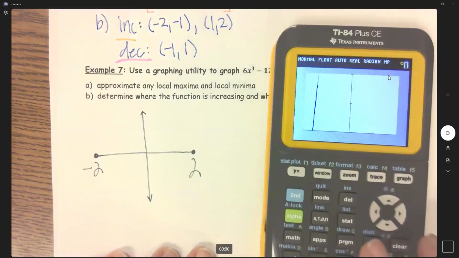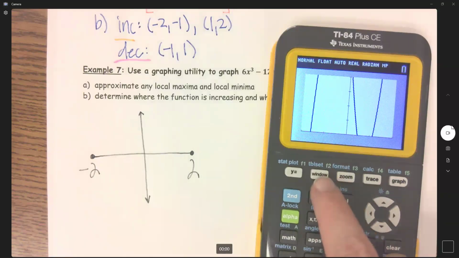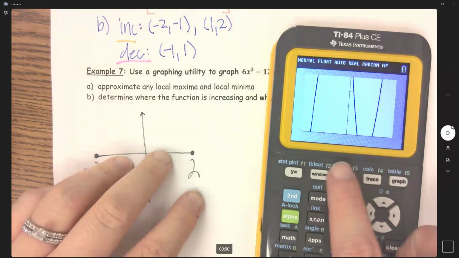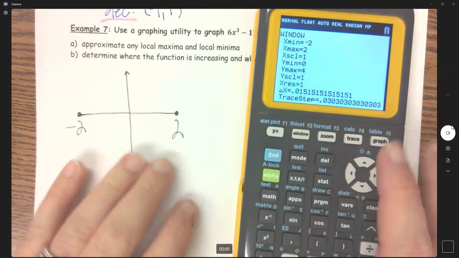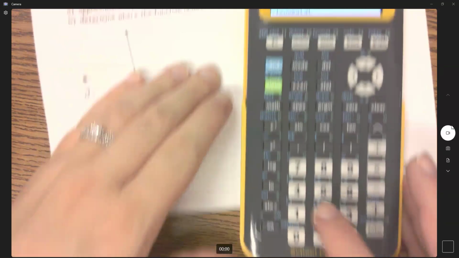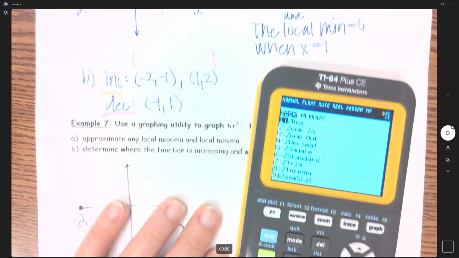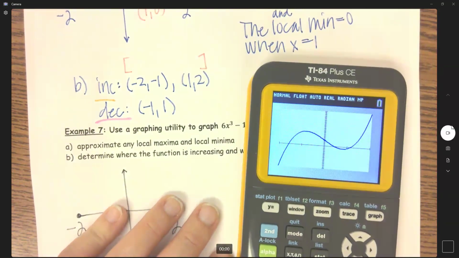And if I just hit graph, we don't get everything in here we need because my window is wrong. So once you have in that window the x min and max, you need to make sure you hit zoom 0. So zoom, either arrow down or just punch in 0. And now I get a much better graph.